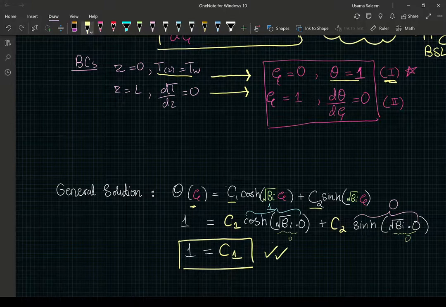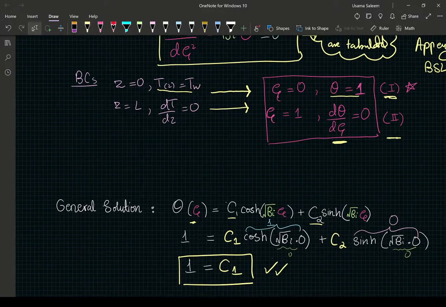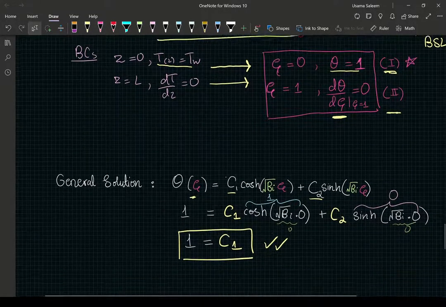So what about the next one? What about C2? For that, we'll have to use the second boundary condition, and for the second boundary condition we have a derivative term. So yes, we'll have to take the derivative. Just to point out, this is the derivative taken at eta equals 1. If I want to be accurate with my notation, good.